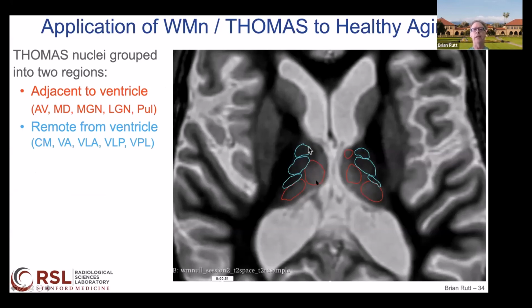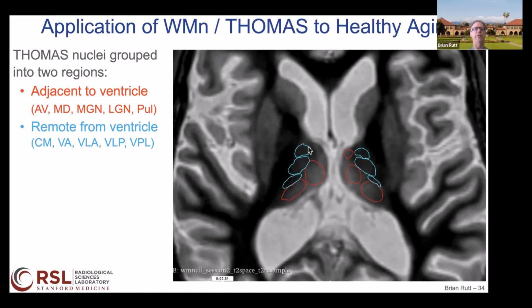So what we've done is group our nuclei according to adjacency to any ventricular surface versus not adjacent. This definition is approximate, but these are the nuclei from the Thomas algorithm that were organized into these two groups, adjacent and remote from ventricle.